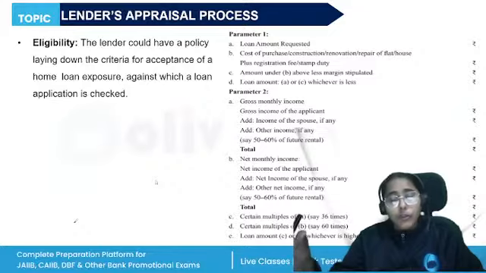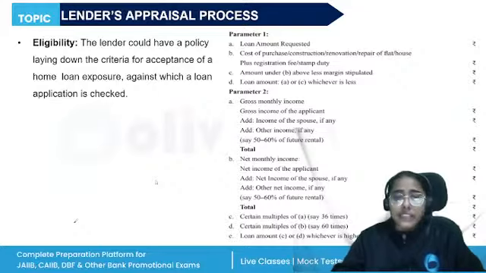So making use of all the parameters, the typical format that is used by the banks is created. Let's say it is a loan for construction of a house. Then the area of plot, the proposed built-up area, and the purchase price of the plot are considered. If it is a case of a flat, then the area of the undivided share of land, the cost of the semi-finished flat, the total cost, as well as the market value.